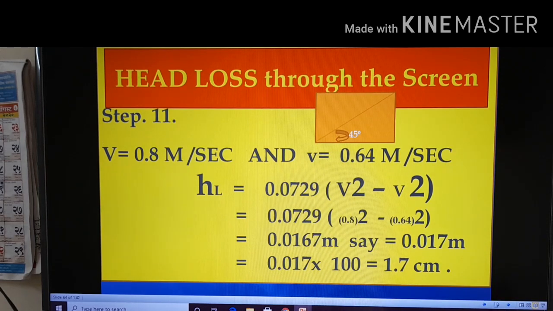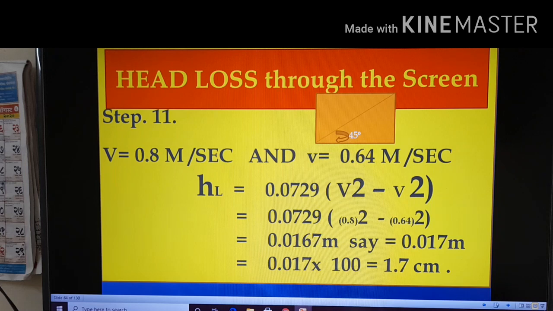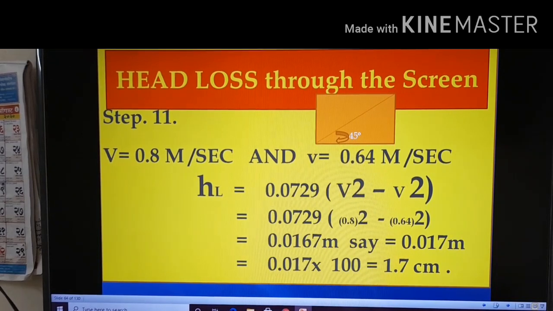So 0.0729 multiplied by capital V, that is 0.8 square, and small v is equal to 0.64 meter per second square. Then in your calculator we first calculate 0.8 square minus 0.64 square, and after that we multiply by 0.0729 and get the value of HL is equal to 0.0167 meter.